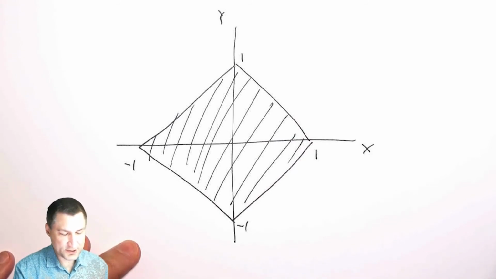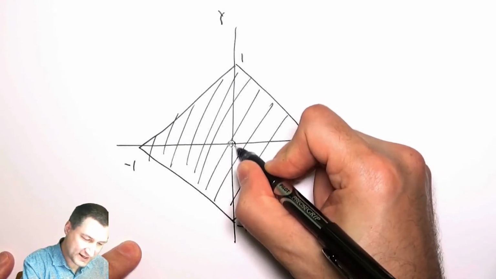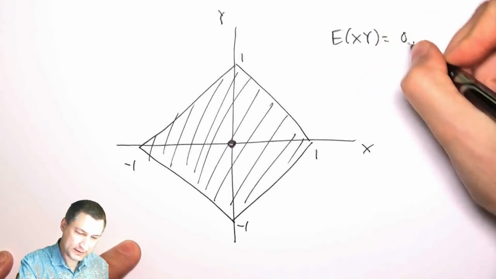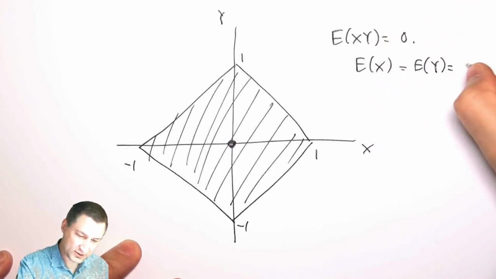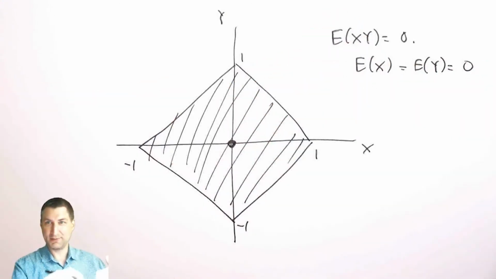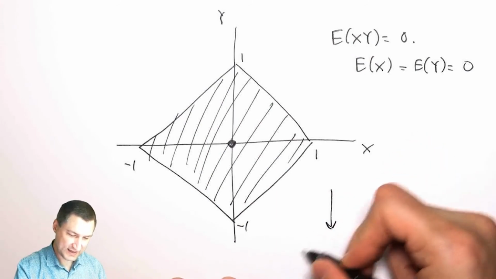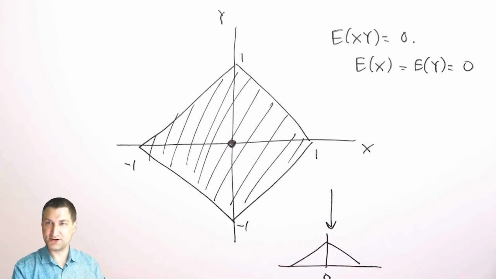Okay, so we showed, by symmetries, that the expected value of xy is going to be right in the middle, and the expected value of x and the expected value of y are also going to be 0, because if I were to project by integrating these, squish all this probability down onto the x-axis, I get something like this, right? And it would also be centered around 0.